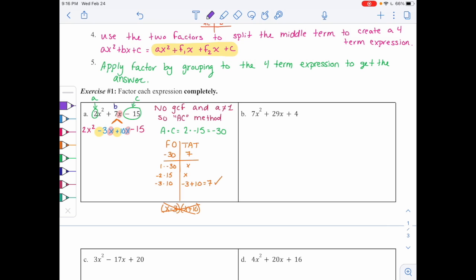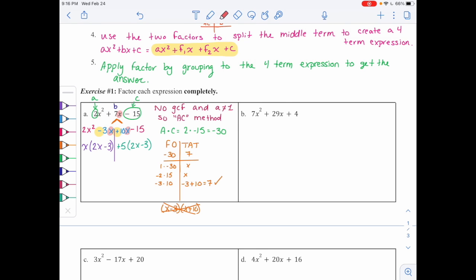But now I've got 4 terms, so I'm going to factor by grouping. And at this point, you should be comfortable. The greatest common factor of 2x squared minus 3x is x, leaving me with 2x minus 3. And the greatest common factor of 10x and negative 15 is positive 5, leaving me with 2x minus 3.